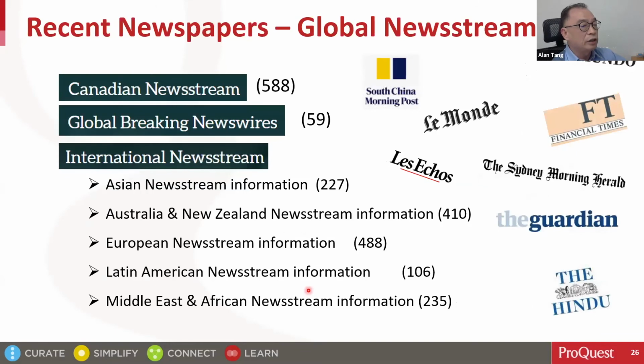And here is the recent newspaper, the Global Newsstream. The Canadian, we have almost 600 newspapers from Canada, and we have almost 60 sources for the Newswire. We have hundreds of newspapers from the international, okay?